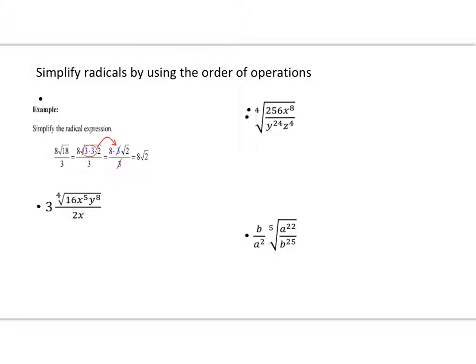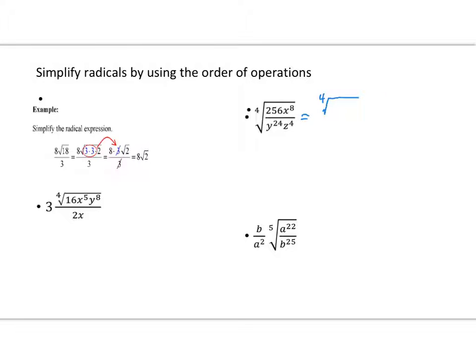So the first problem I'm going to work is the one over here on the side, the 4th root of 256 x to the 8th divided by y raised to the 24th, z to the 4th. Now again, what I'm going to do is separate the numerator and the denominator out.